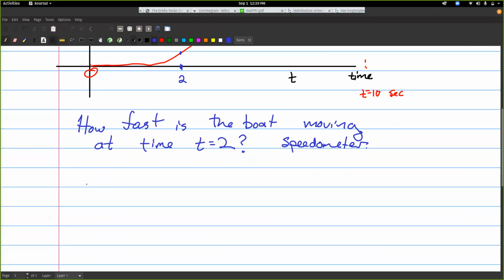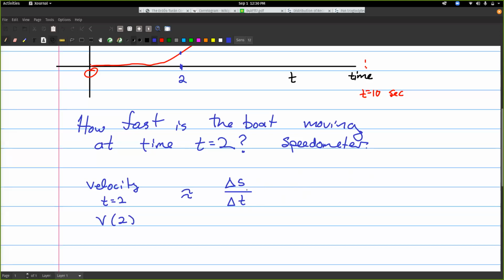So what they're saying here is that the velocity at t equals 2 is approximately, I'll write this as v2, approximately equal to a little change in distance, and remember we're using s to stand for distance, divided by a little change in time.